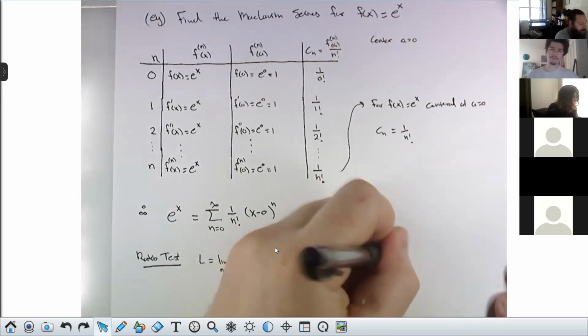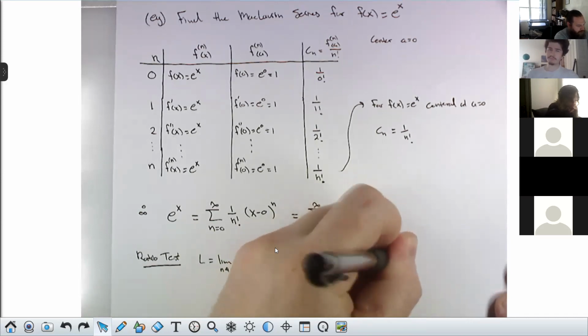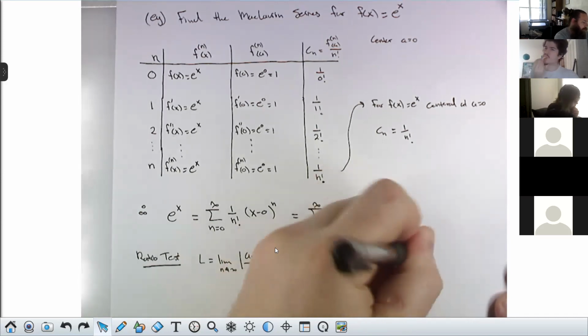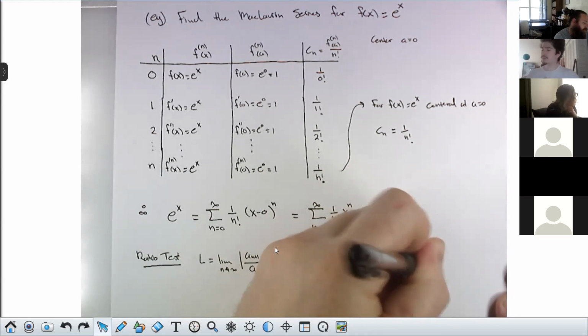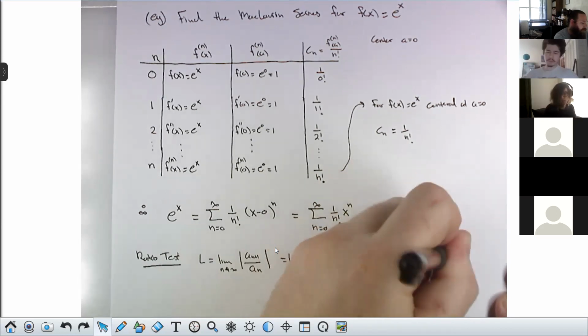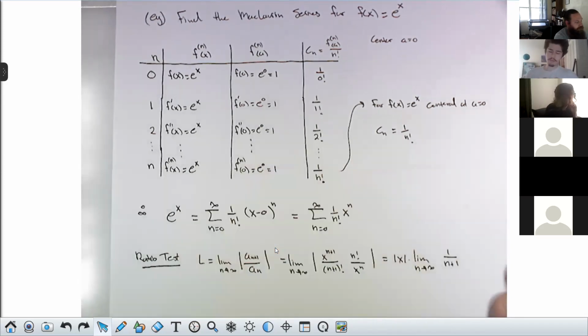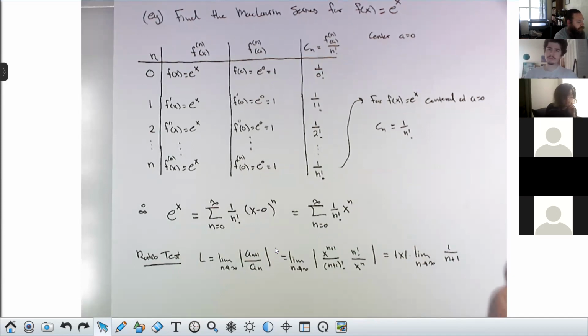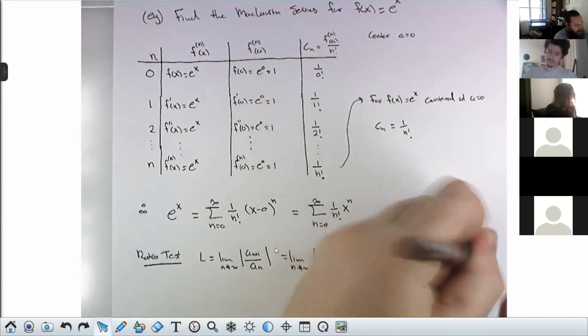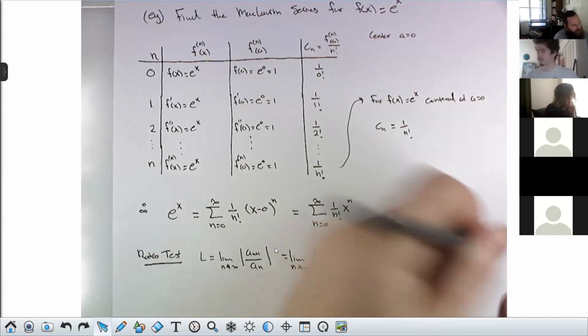And if you flop things around and cancel things out, this comes out to the absolute value of x times the limit as n goes to infinity of 1 over n plus 1, which is absolute value of x times 0.